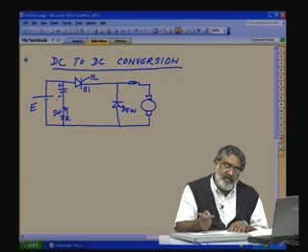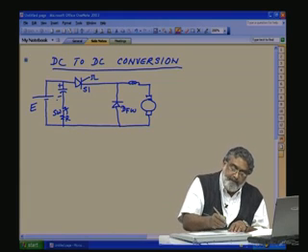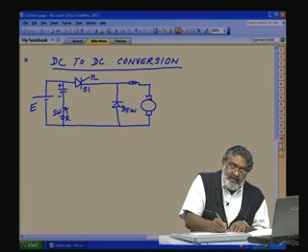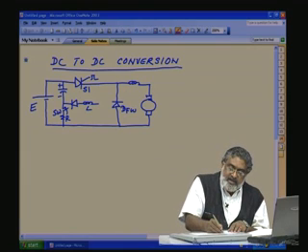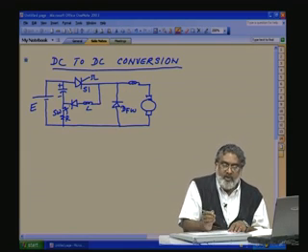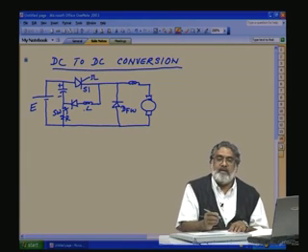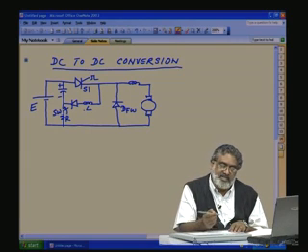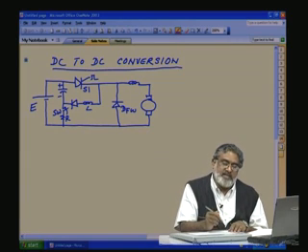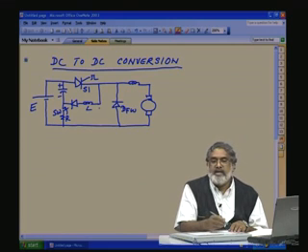So, there is an auxiliary resonance circuit we will be using. This is the resonance circuit. It constitutes one diode, then L. This LC will act as the resonance circuit, and the diode is given such that once the capacitor charges in the opposite direction due to LC, there is no discharge.